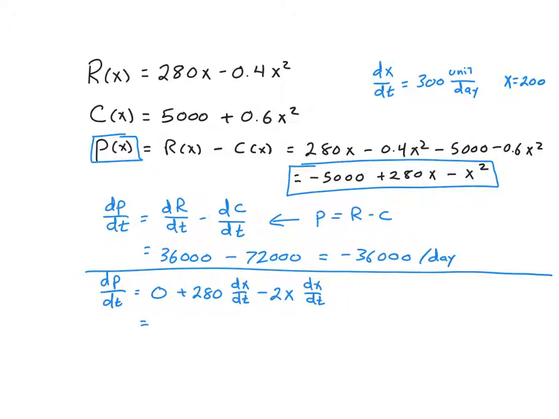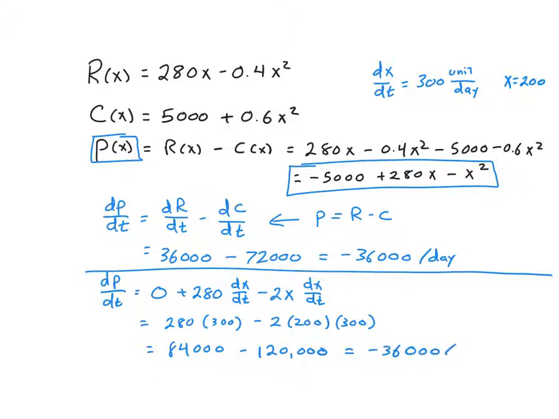So this will be 280 times 300 dx/dt minus 2 times 200, which is x, times 300, which is dx/dt, and that would give me 84,000 minus 120,000, and that would be negative 36,000 per day. So either way I do the calculation, I end up with the same rate of change of profit with respect to time.